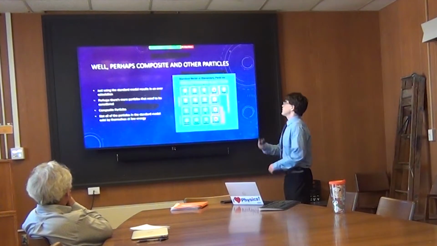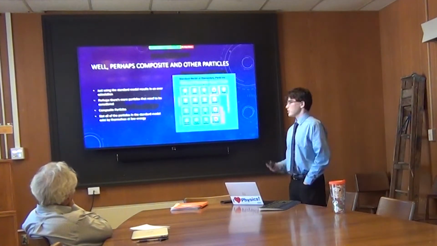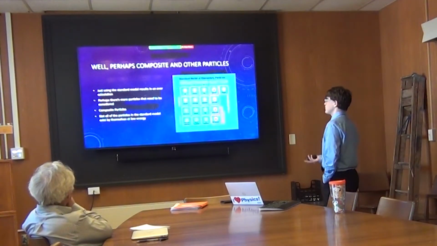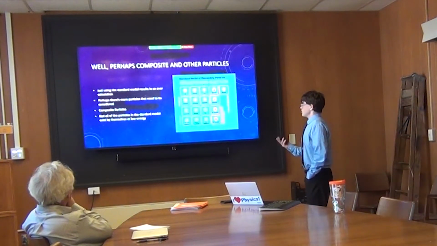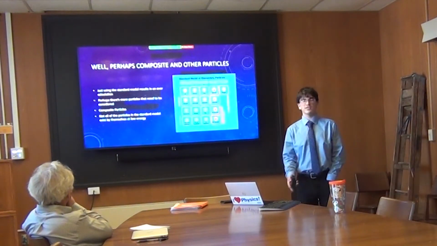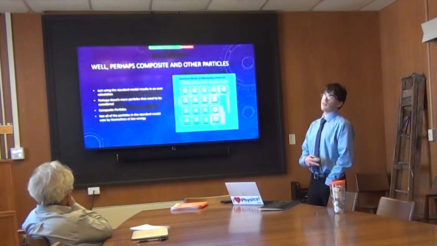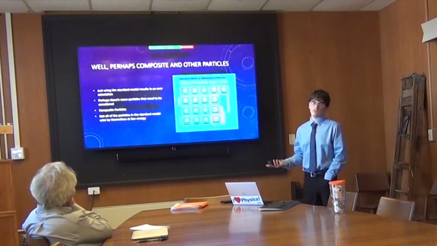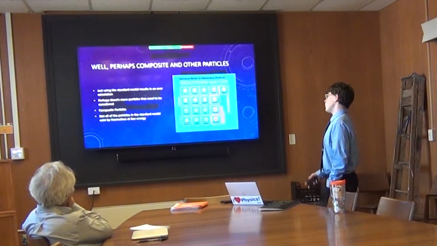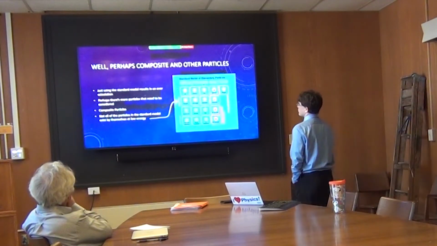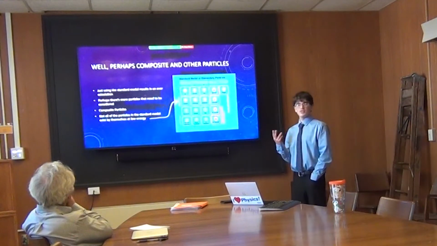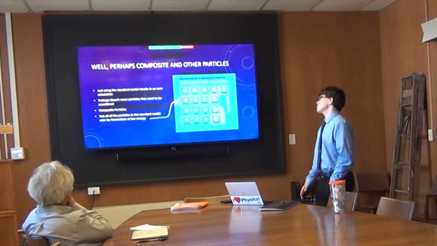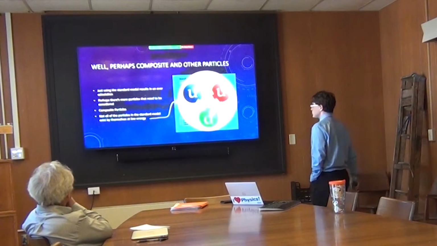So here's why. When you do that calculation traditionally, they're using the standard model of elementary particles. Well, one possibility is this model could be incomplete. We don't know everything. There might be particles we don't know of yet, such as dark matter candidates. And furthermore, some of these particles, such as quarks, do not exist in isolation by themselves at low energies.